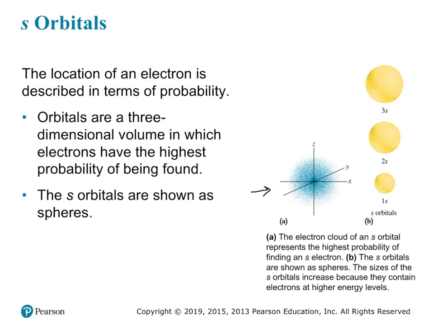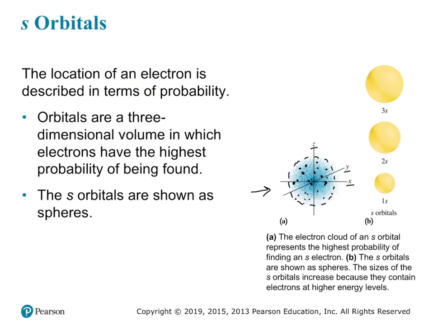And what they found was that the electron was always within this sphere. So you can kind of see the spherical shape there. And we have our three axes here, x, y, and z. So this is a 3D rendering of where an electron might be.